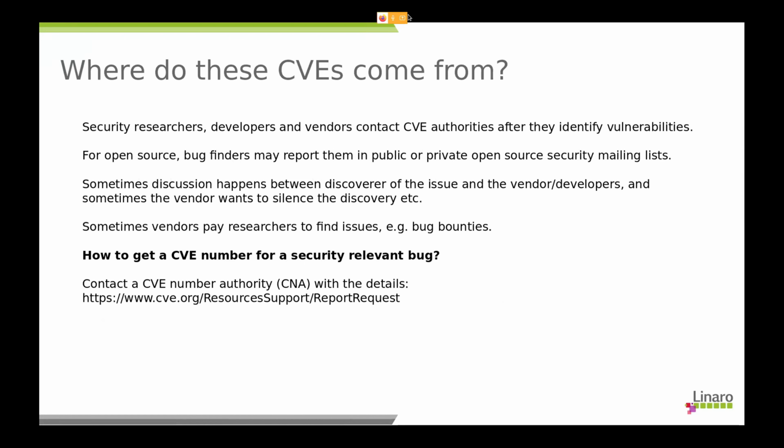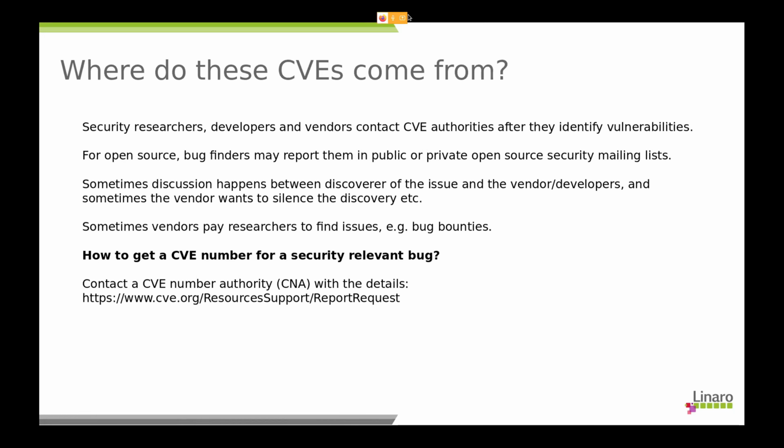And sometimes these discussions happen between the discoverer of the issue and various vendors, and sometimes these vendors want to hide or silence the issue of this discovery. Yeah, and sometimes the vendors even pay researchers to find security relevant bugs.